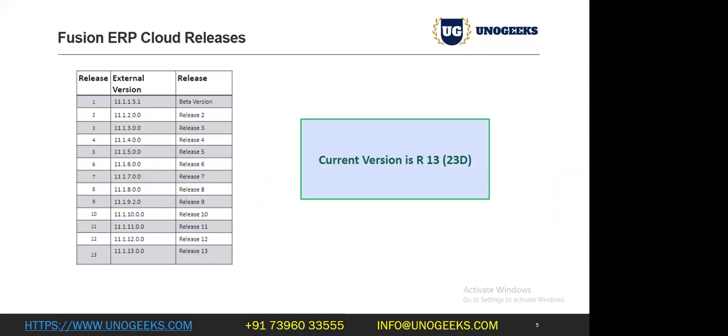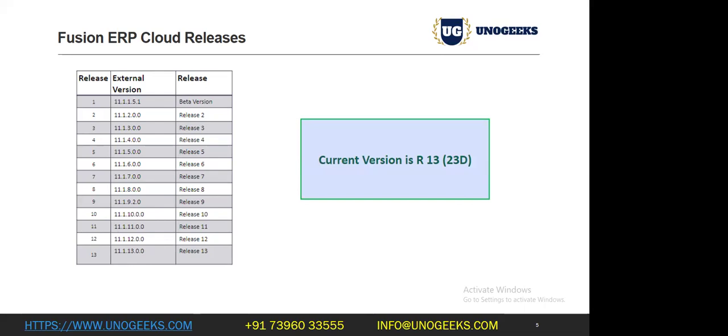Oracle Cloud is currently maintaining the R13 version. Earlier it was R12; in the same way, here it is R13, and everything is in the cloud. Initially we have 23D, meaning every quarter. For example, we are in February, so we are in the first quarter of 2024.